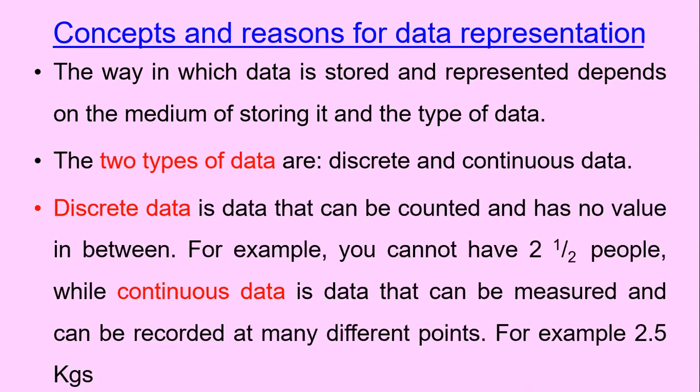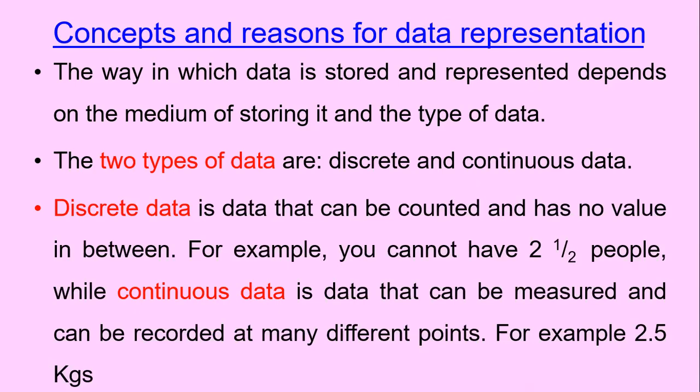Discrete data is the data that can be counted and has no value in between. In other words, this is data that does not have any fractions or any decimal points. For example, you cannot have 2.5 people.